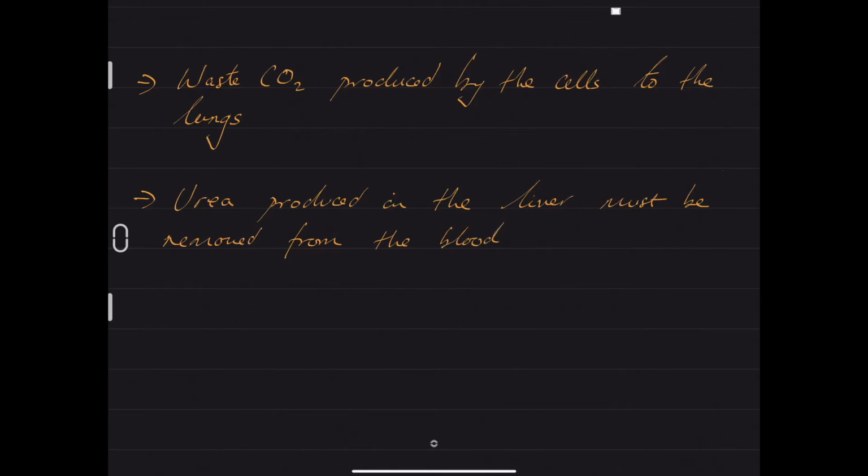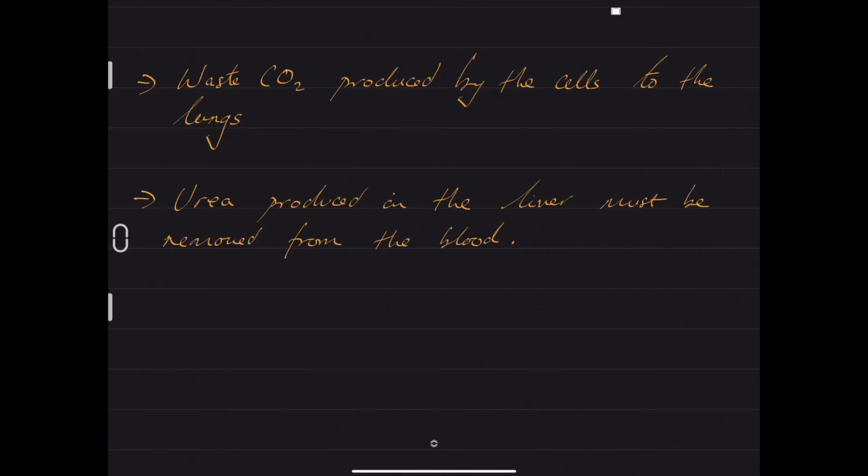Urea is toxic, so it needs to be removed from the blood, and it's a waste product. It is produced from excess proteins which are broken down in the liver.